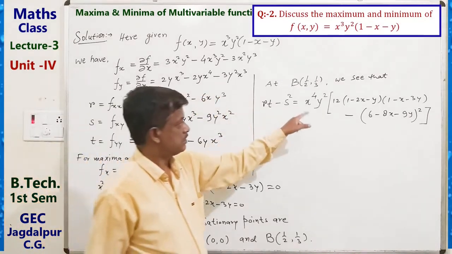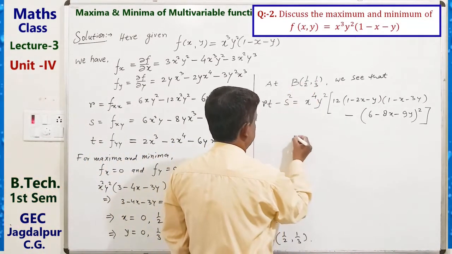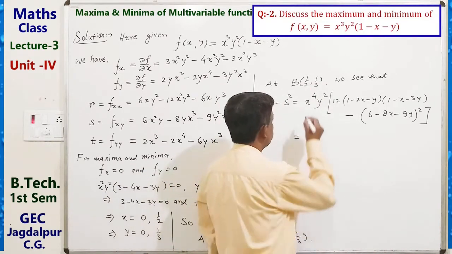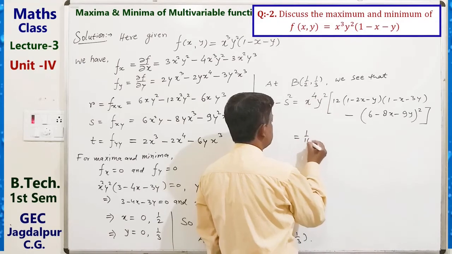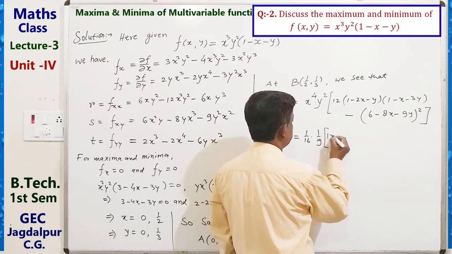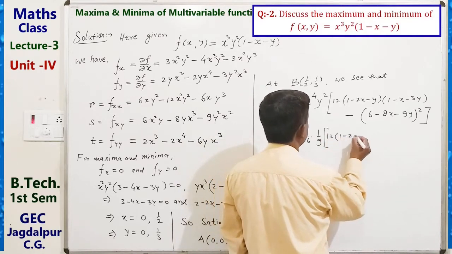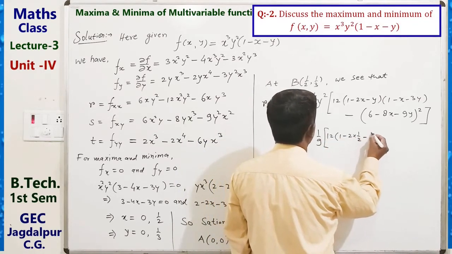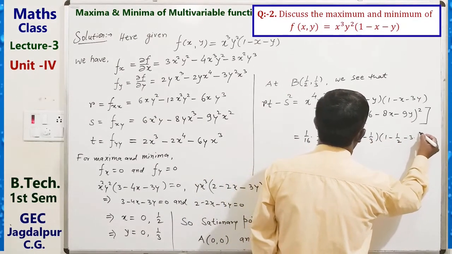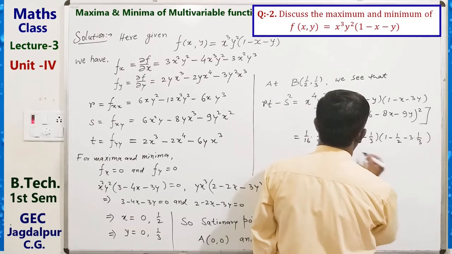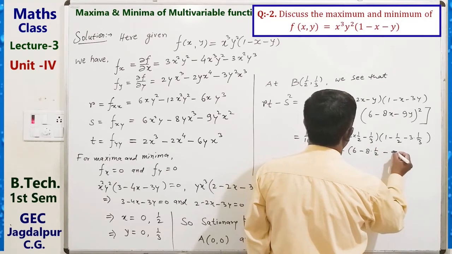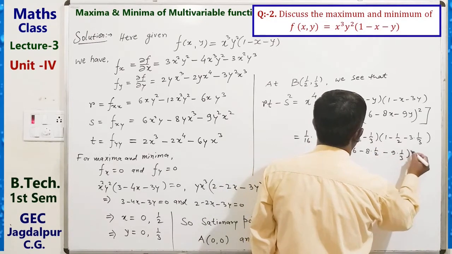After writing this, just put the value. Clear? So for putting the value, 1 by x to the power 4 means 1 by 16 into y square 1 by 9, and just you can put the value here. 1 minus 2 into 1 by 2 minus 1 by 3, 1 minus 1 by 2, 3 into 1 by 3, minus 6, 8 into 1 by 2 minus 9 into 1 by 3 square.